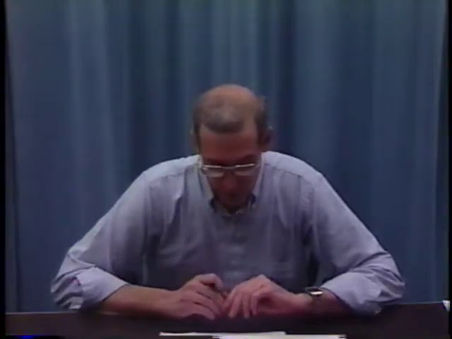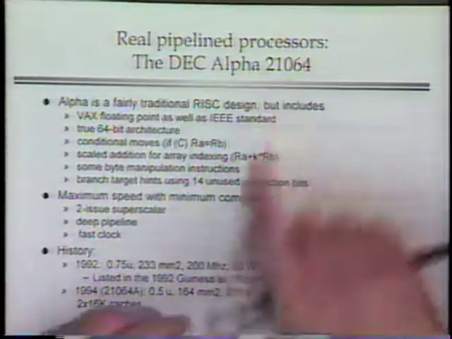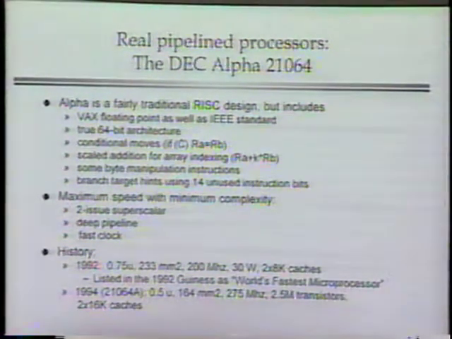What I'd like to do now is a once-over lightly on some real machines that are superscalar machines and try to get extremely high performance. As part of these lecture notes, there are two papers, both less than a year old. One compares the DEC Alpha 21064, the machine I'll talk about first, to the IBM PowerPC 601.